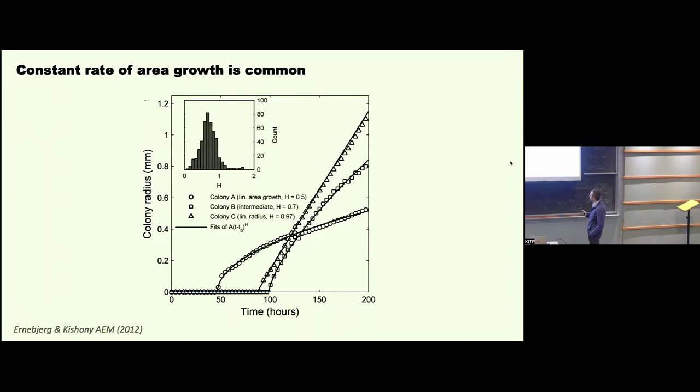The linear growth, of course, corresponds to the exponent 1, and the square root growth corresponds to 0.5, and the median of the distribution is close to 0.5, suggesting that perhaps the square root growth is the default in the microbial world, if it was a representative sample.